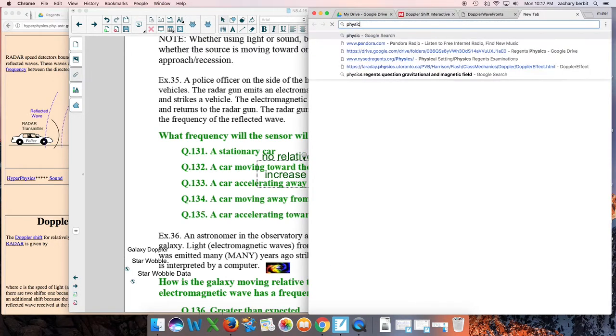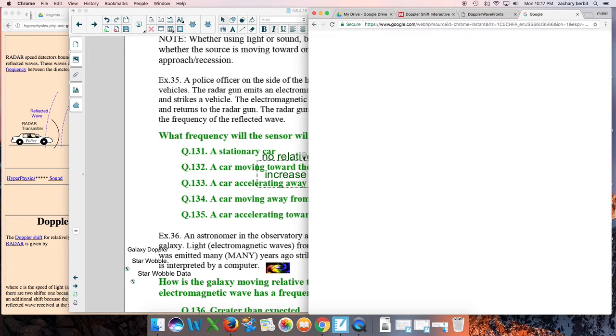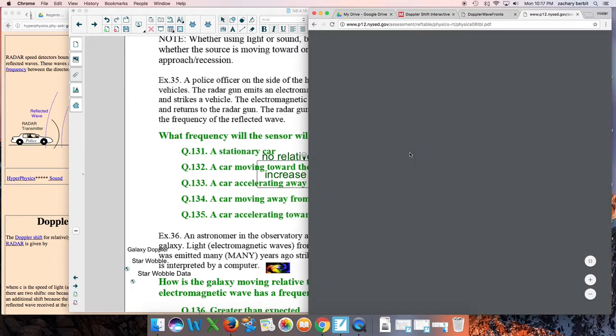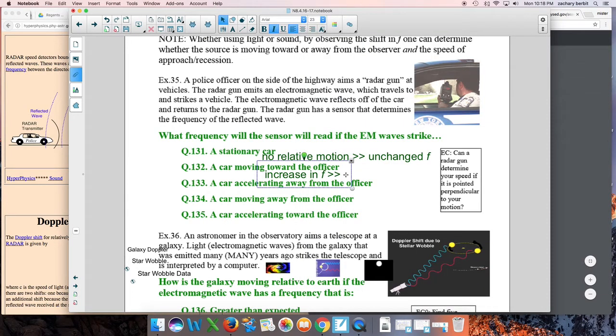If you look in your reference table, you will find that on the electromagnetic spectrum on page 2, we tend to talk about these increases and decreases in frequency in terms of color. Well, this will load at some point. When that does load, I'll show you.